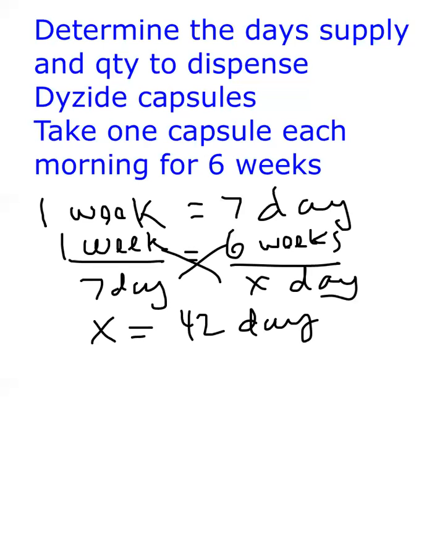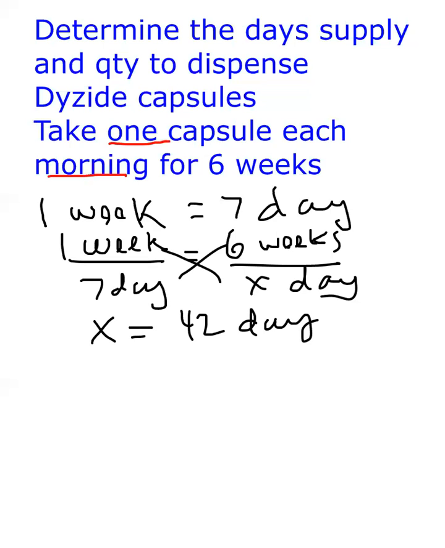What is the day supply? Now, what is the quantity we're going to dispense? So since we already know the day supply, and according to what we're reading on the label on our bottle, it says to take 1 capsule in the morning.